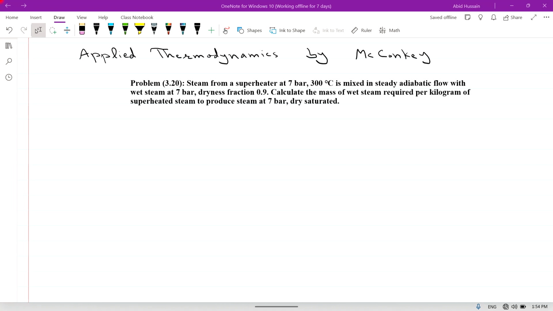So, the question is: steam from a superheater at 7 bar. Initially, in the given data, the working fluid is steam.